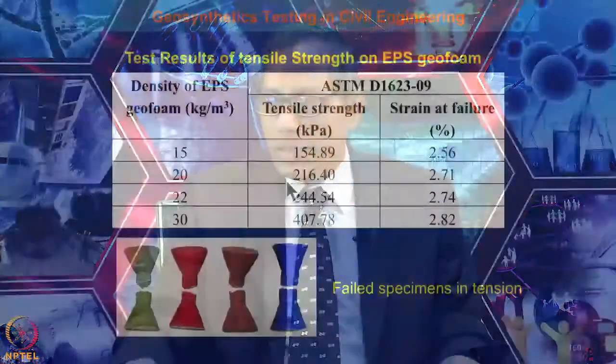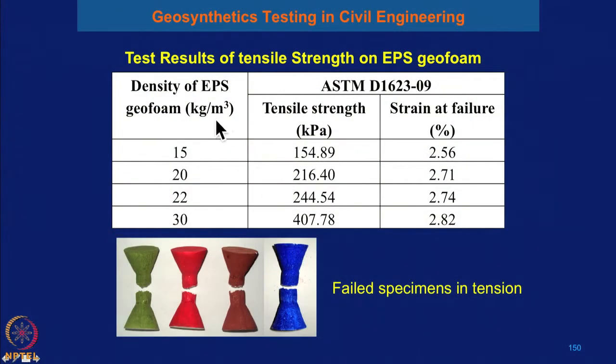Suppose here in this slide, we have taken densities of 15 kg per meter cube, 20 kg per meter cube, 22 kg per meter cube, 30 kg per meter cube. This is as per ASTM D1623-09. So, the tensile strength for 15 kg per meter cube is 154.89 kilopascal. For 20 density, the tensile strength is 216.40 kilopascal.